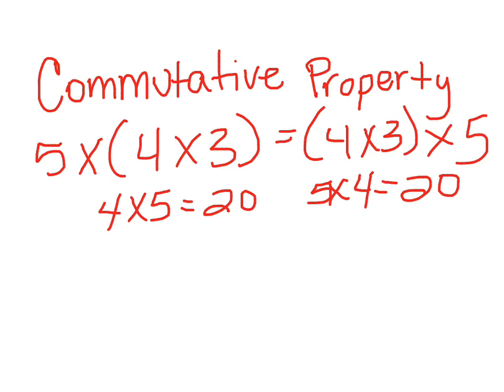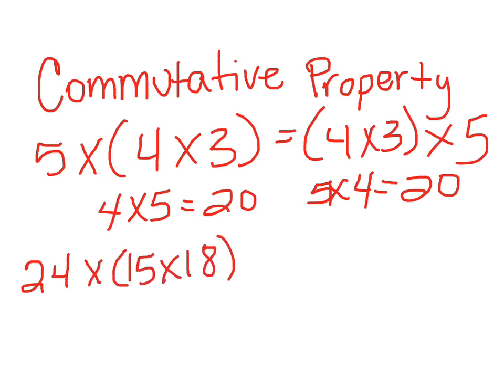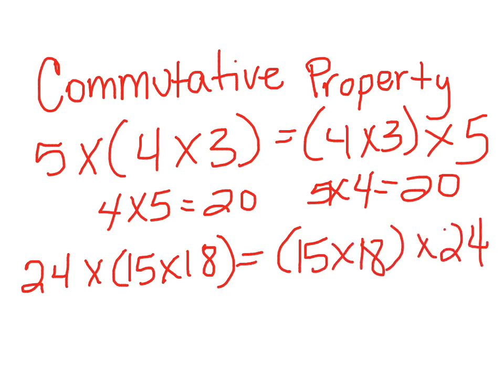So on the task cards, number 6 said 24 times parentheses 15 times 18. Okay, but then it said equals parentheses 15 times 18 times 24. Notice I still have the same numbers. I just changed them around.